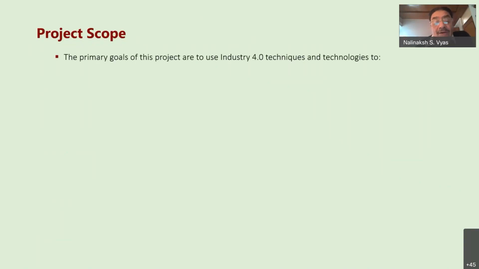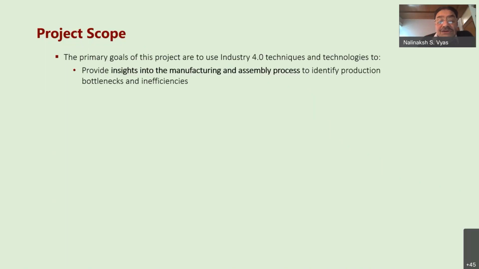So the scope of this project was to use Industry 4.0 techniques and technologies to provide insights into the manufacturing and assembly processes. When our Prime Minister visited MCF, in those days the production was about 700 to 800 coaches per annum, which was ramped up to 1200 to 1500 coaches through bits and pieces implementation of Industry 4.0 principles.